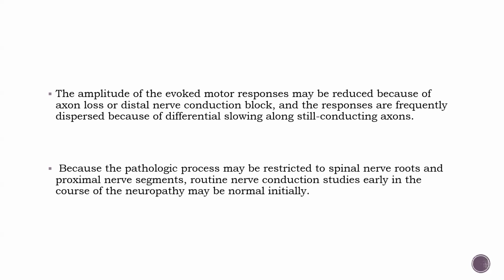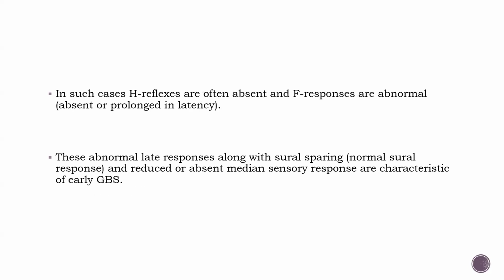Because the pathologic process may be restricted to the spinal nerve roots and proximal nerve segments, routine nerve conduction studies early in the course of neuropathy may be normal initially. In such cases, H reflexes are often absent and F responses are abnormal.